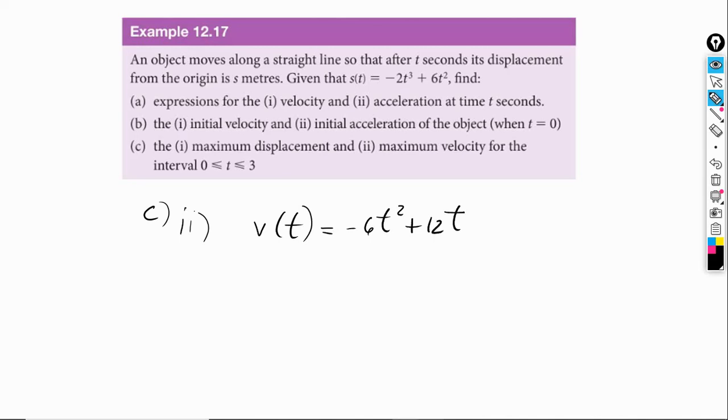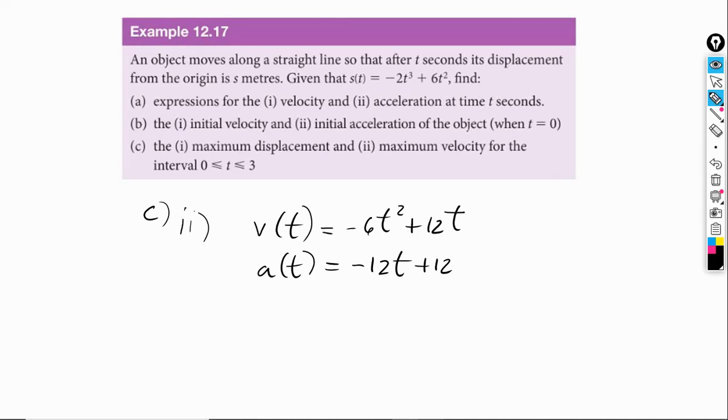And we're going to need the derivative of this, which is the acceleration. And as you know, the acceleration formula or function is minus 12t plus 12. So we need to find the extrema, right? When the velocity reaches a maximum or a minimum.